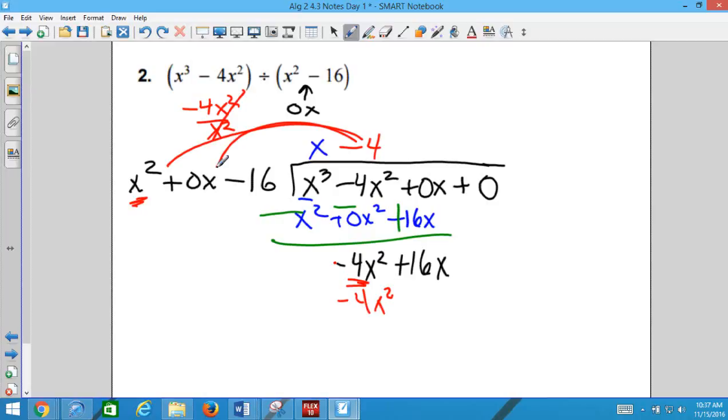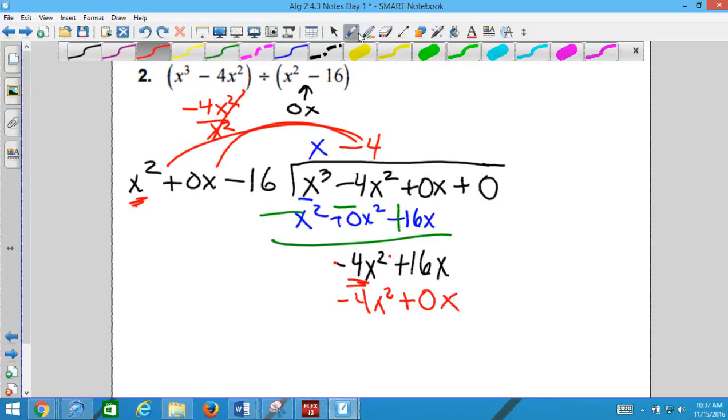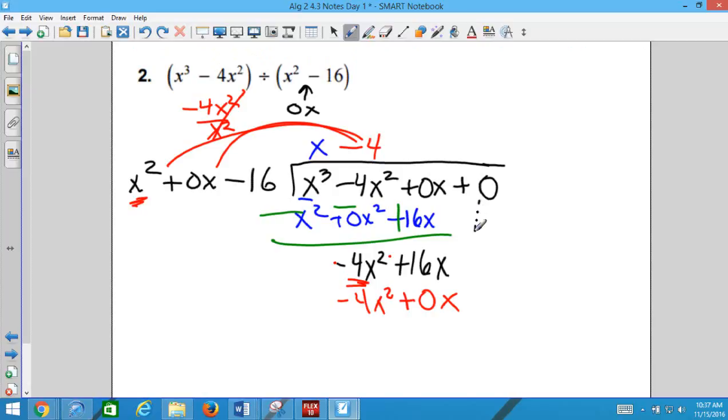Negative 4 times 0 is 0x. You know, I forgot to bring my other guy down, didn't I? That's all right. I remembered in time. Then we did negative 4 times negative 16, so that gives us positive 64. So when you multiply by zeros, you got to have a 0 there.